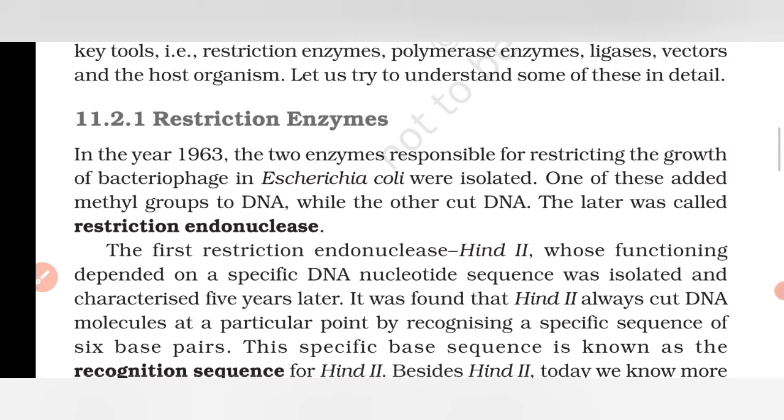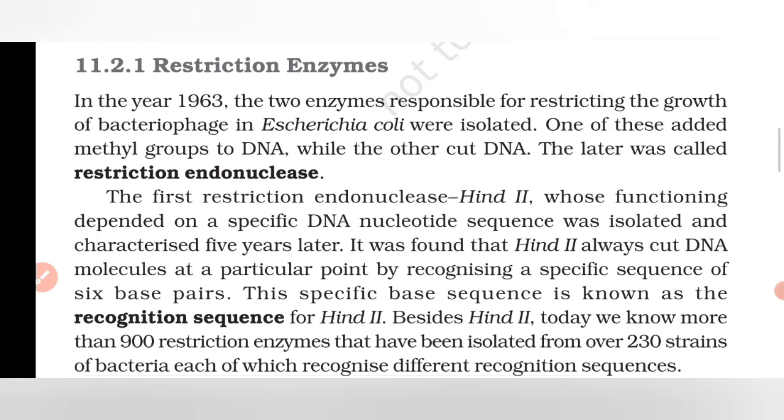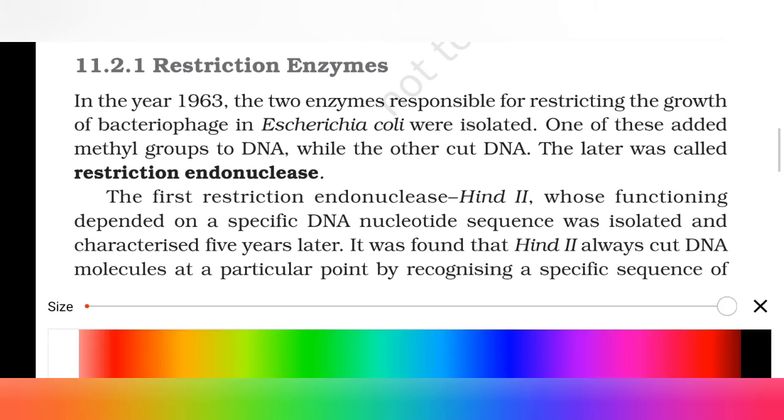In 1963, two enzymes responsible for restricting the growth of bacteriophage in Escherichia coli were isolated. One of these added a methyl group to the DNA, while the other cut DNA, and this one was called the restriction endonuclease. The first restriction endonuclease was Hind2. Please mark this. This may come for NEET or even for boards.